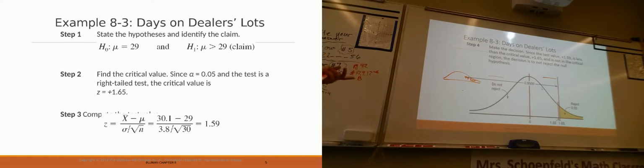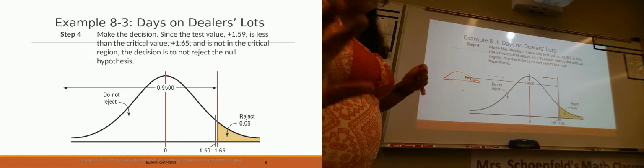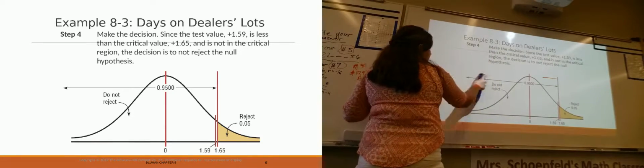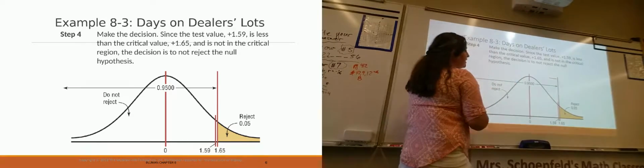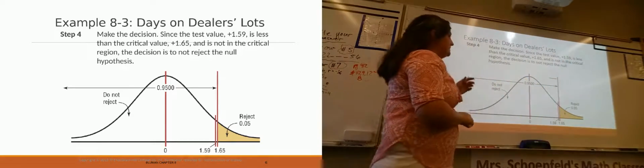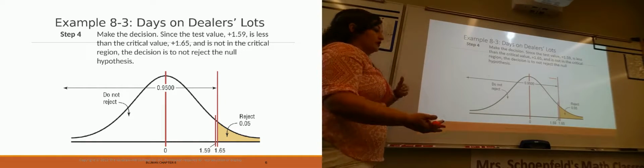Okay, next, now you just have to look at all that data and make that decision. The test value we ended up finding was 1.59. That's less than the critical value, so this is where it's actually helpful to draw a quick graph.